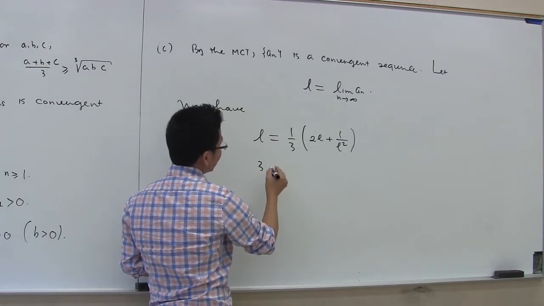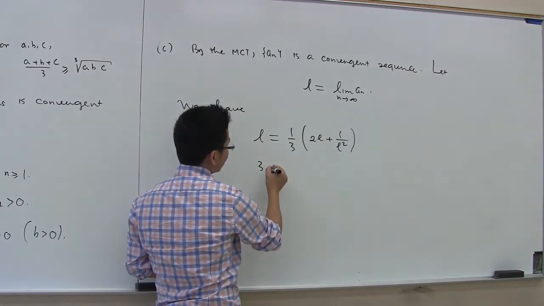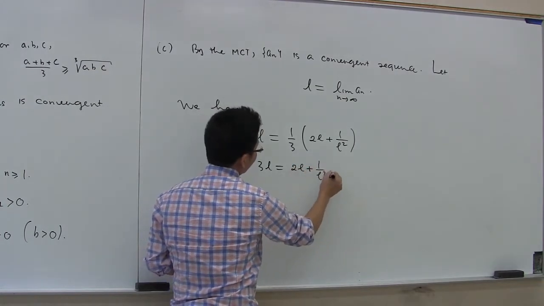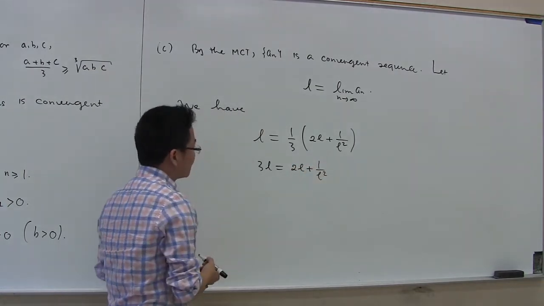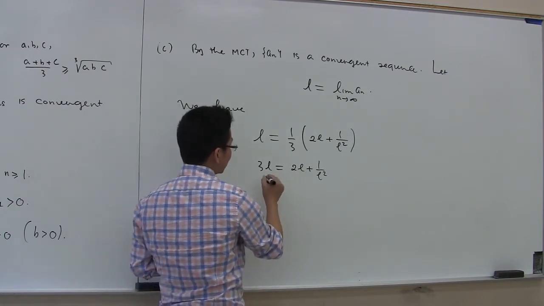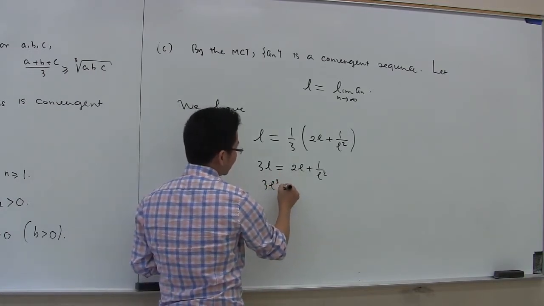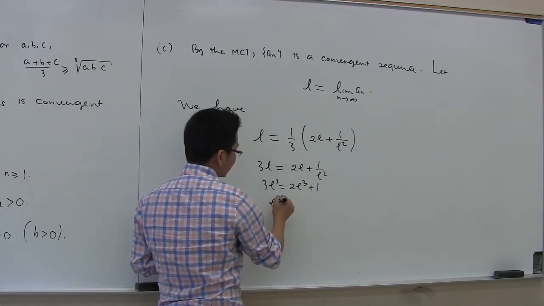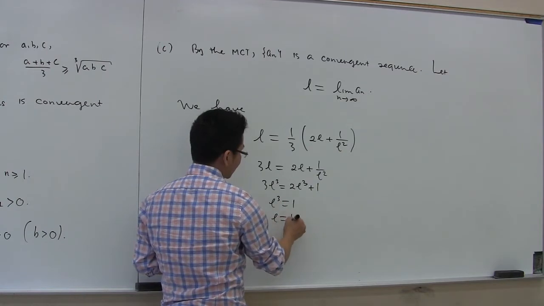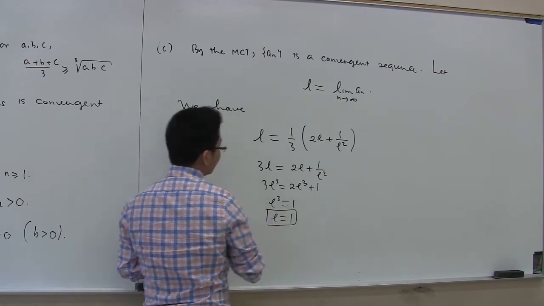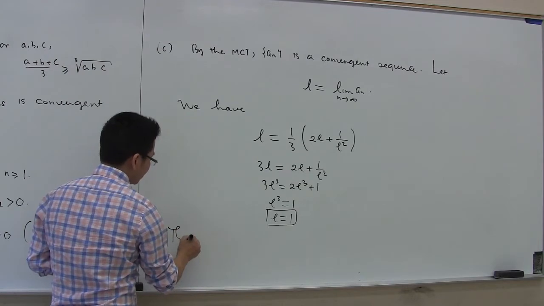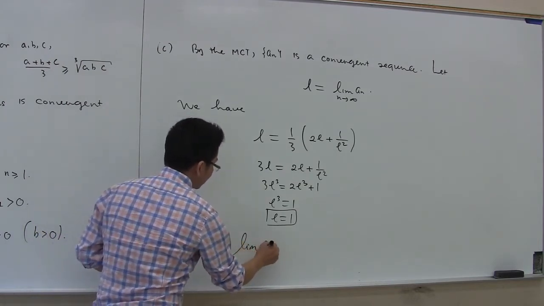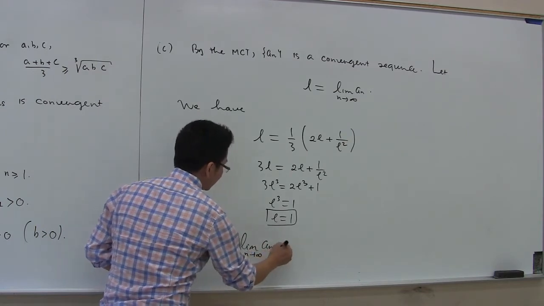So we multiply both sides by 3. So we get 3L is equal to 2L plus 1 over L squared. And then we can multiply both sides by L squared as well. So we get 3L to the third is equal to 2L to the third plus 1. So L to the third is equal to 1, and L is exactly 1. Okay? Therefore, the limit of an as n approaches infinity is equal to 1.